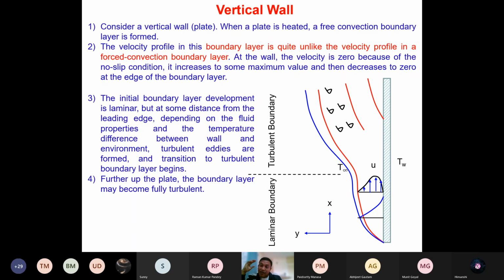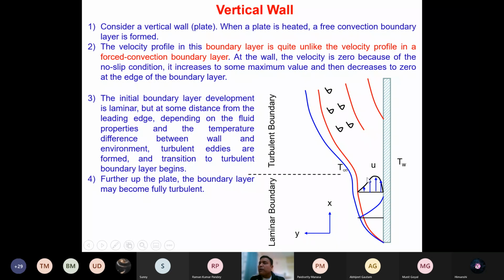Yes, sir. But the problem is, when these fluid particles are moving up, because of the no slip condition, the fluid particles exactly at this boundary will not move. So the velocity of the fluid elements exactly at the boundary is going to be 0 by the no slip condition.